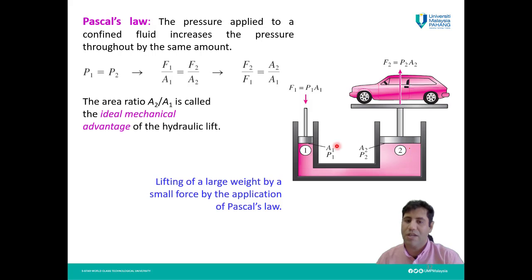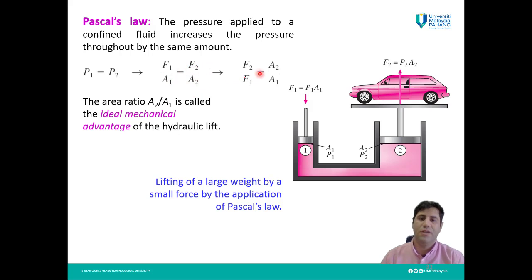Then the pressure throughout the system will be the same, so it will reach this surface and be equal to F2 over A2. Because P1 and P2 are identical according to the previous slide I showed you, at the same height or depth, F1 divided by A1 will be equal to F2 divided by A2.